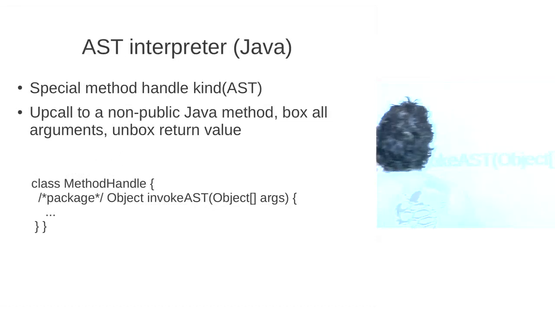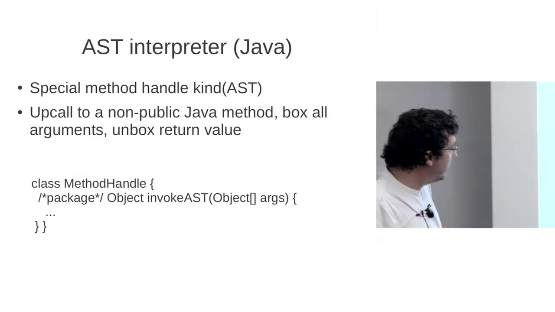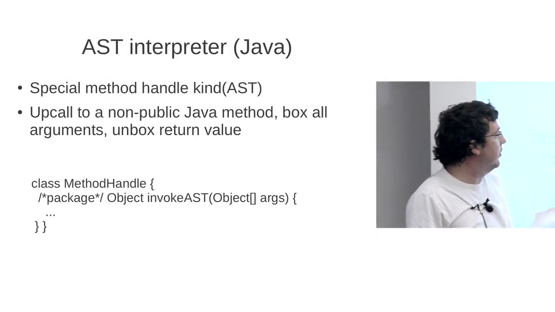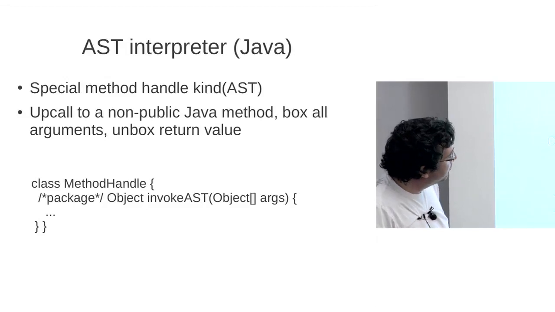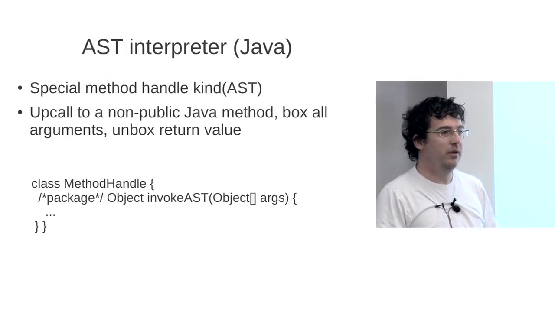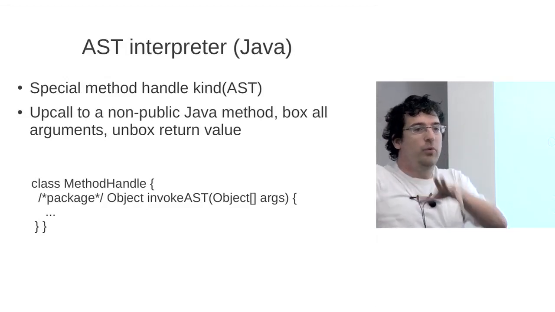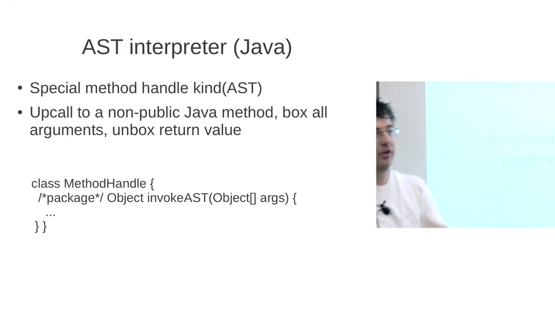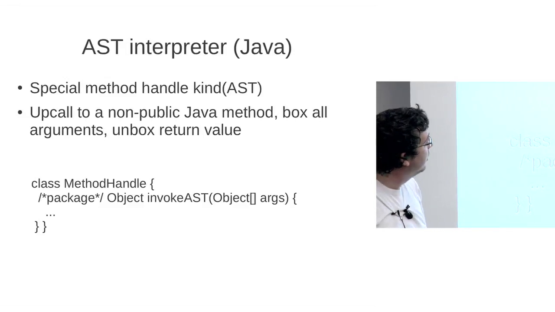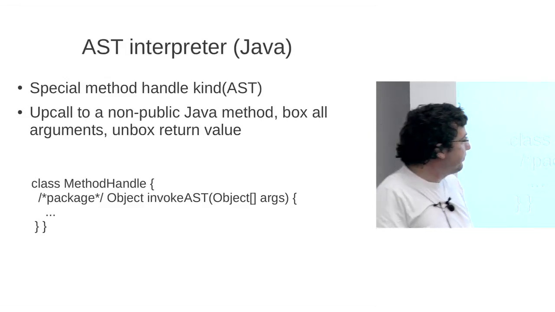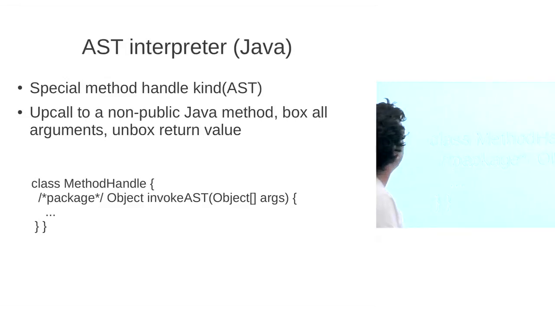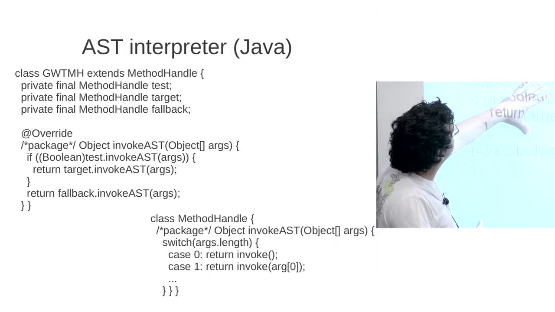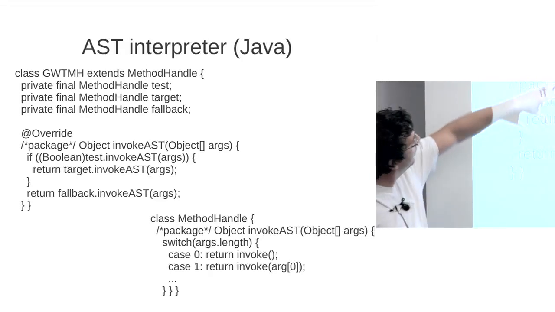So the EST interpreter is really, really basic. In the class MethodHandle, we have a hidden method which is called invokeEST, and basically we box all arguments and we will unbox the result value. Just to take an example, here's a GWT MethodHandle.